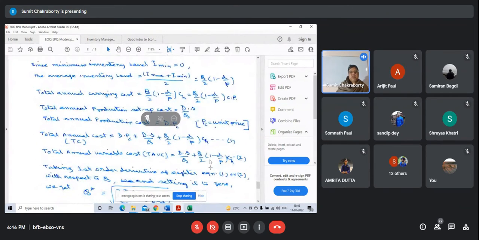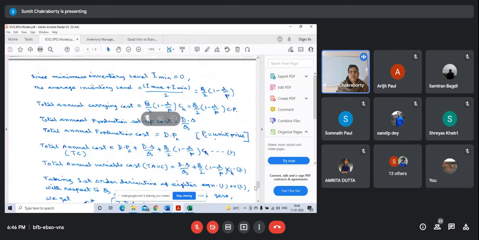8th page, that last page. Since minimum inventory level Imin equal to 0, average inventory is Imax plus Imin by 2 equal to Q by 2 multiplied by 1 minus D by P. Total annual carrying cost is Q by 2 multiplied by 1 minus D by P multiplied by CH. CH equal to CPC, we know. So you have to correct here.